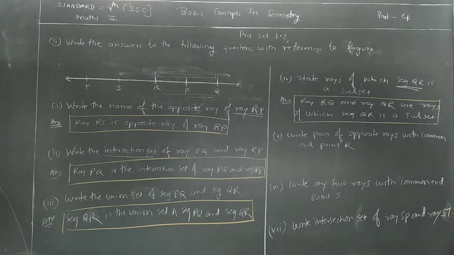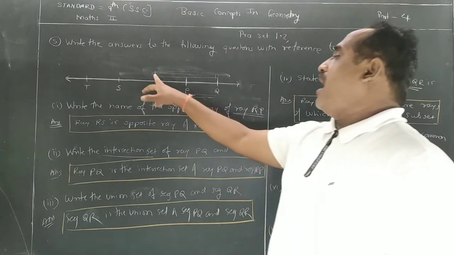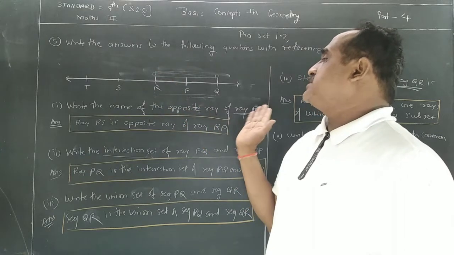Then come to this question now. Pair of opposite rays with common point R. R is a common point, which rays are such?